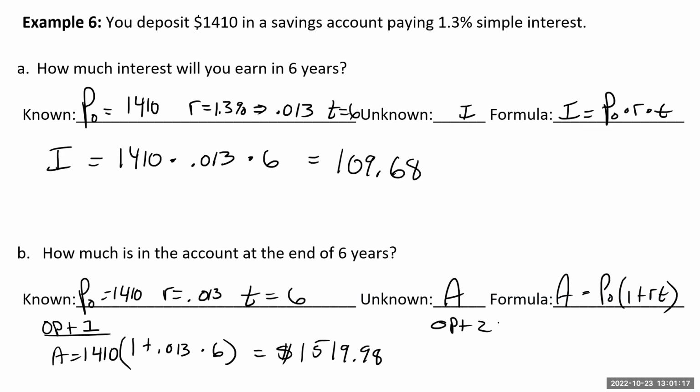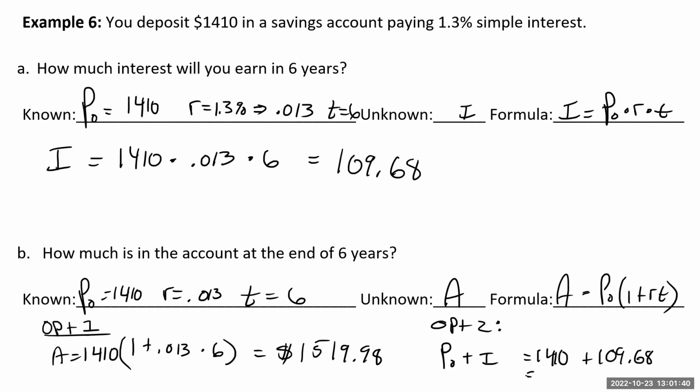Option two is simply to take the P sub 0 plus the interest earned. P sub 0 was the original amount, which was 1410, plus the interest we earned, that was from part A, the $109.98.